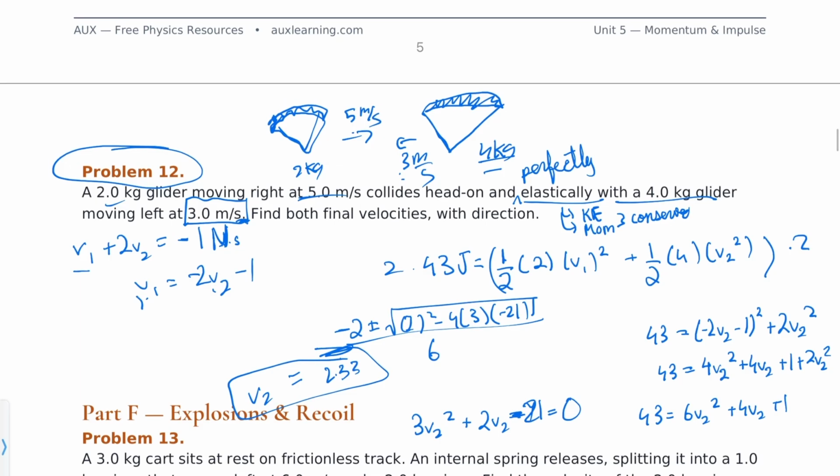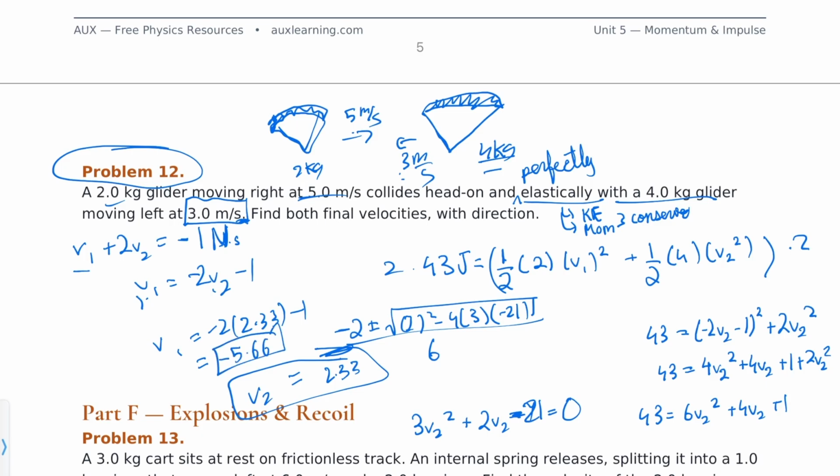So that's 2.33. V1 is equal to negative 2.33 minus 1, so let's see, this is about negative 5.66.